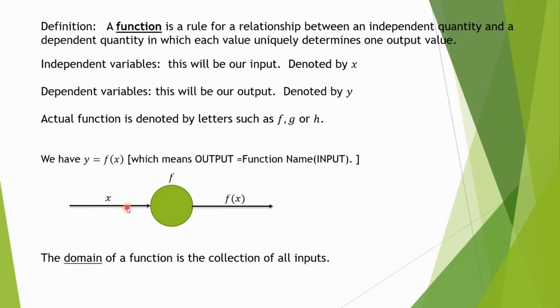It's all the possible things that can go into the function and give an output that makes sense. And the collection of all your outputs, that's what we call the range of the function. So we have domain, we have range.